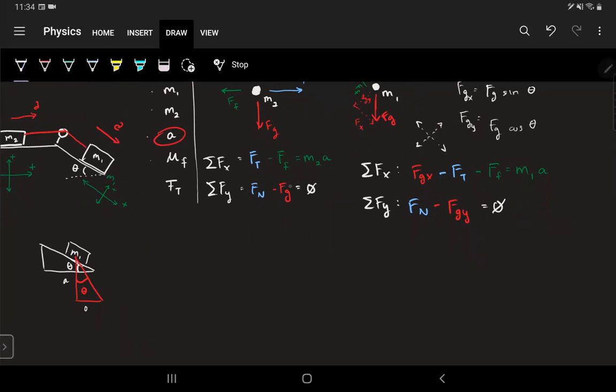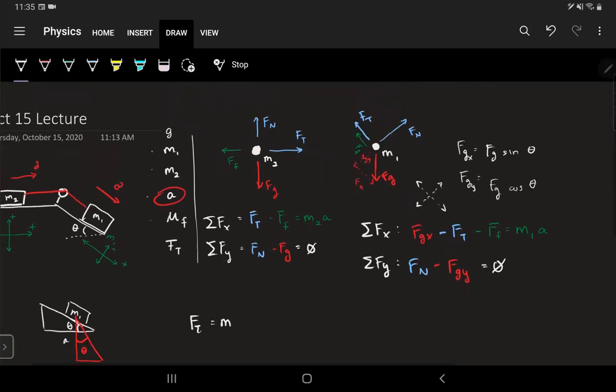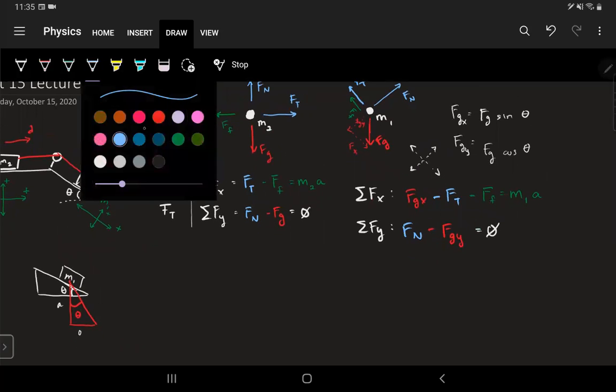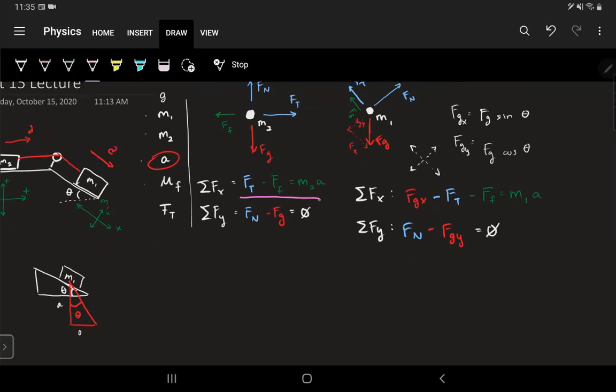All right, so we have it here and we need to solve for all these things. So we can solve for f of t in the x directions. So ft equals m2. Let me just indicate to you guys which one I'm using here. I'm going to use this equation. Ft equals m2a plus f of f. All right, I'm going to do the same thing here.